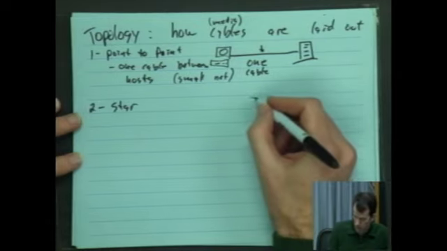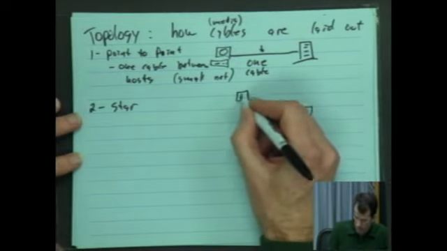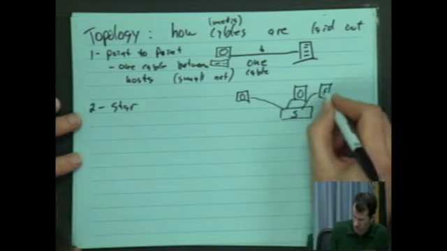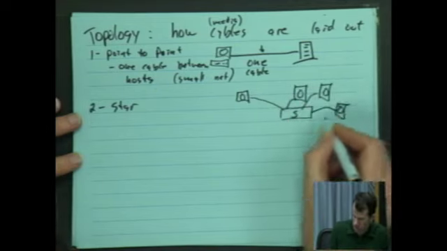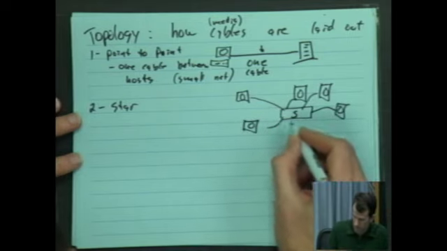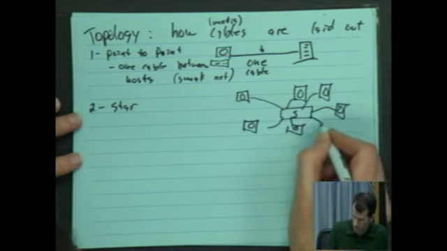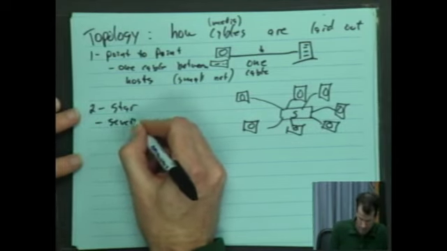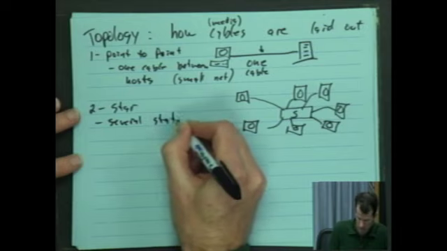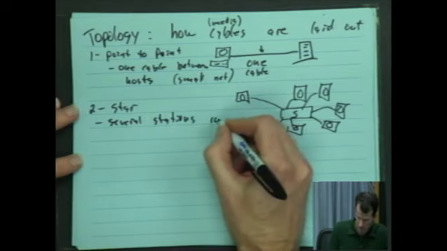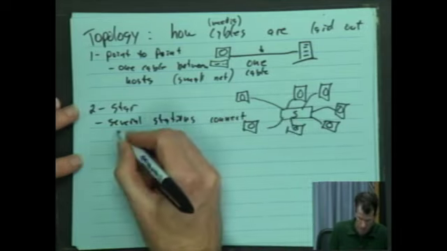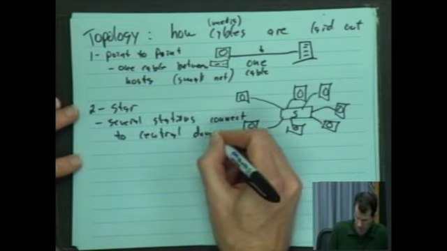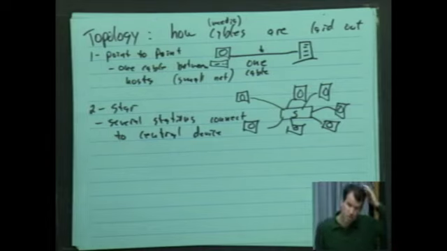And what we can do is have several stations or several hosts connected into this central device. So several stations connecting to a central device. And again, it's normally a switch there.